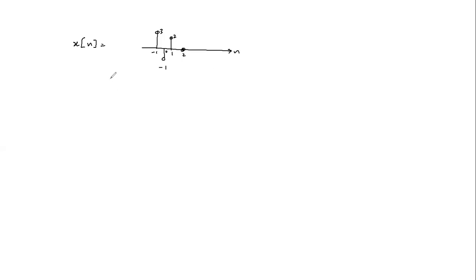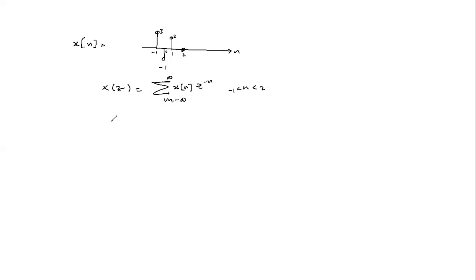Now recall that the Z transform is given by the sum of n taking values from negative infinity to positive infinity, s of n z to the minus n. But in this case, we have n taking on values from -1 to 2.